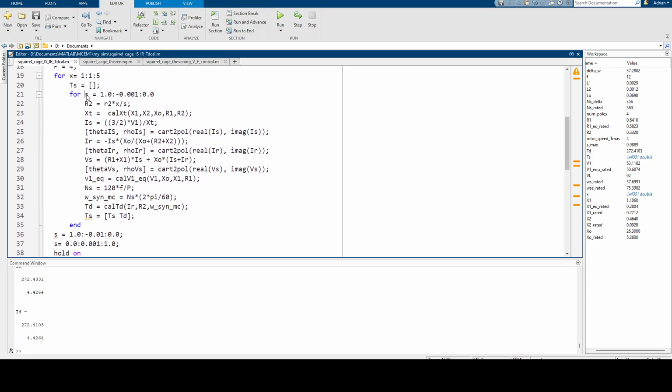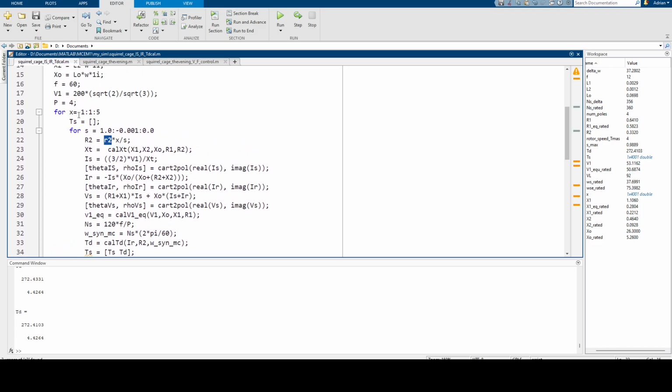So remember, the developed torque is based on slip. So here I have our R2, and what I'm doing is multiplying R2 by x. So in every change, I'm increasing R2 by 1 until I get R2 of 5.